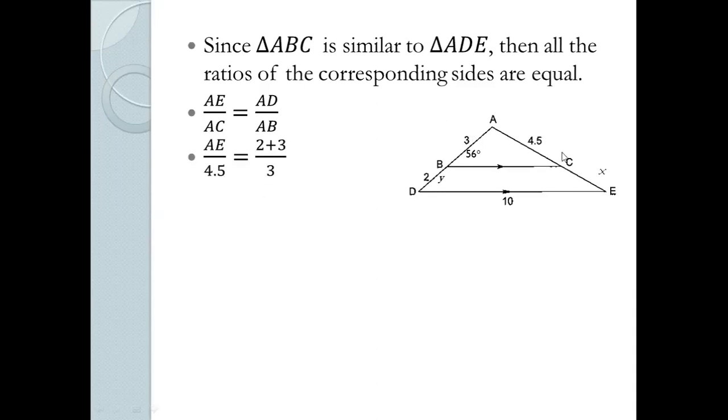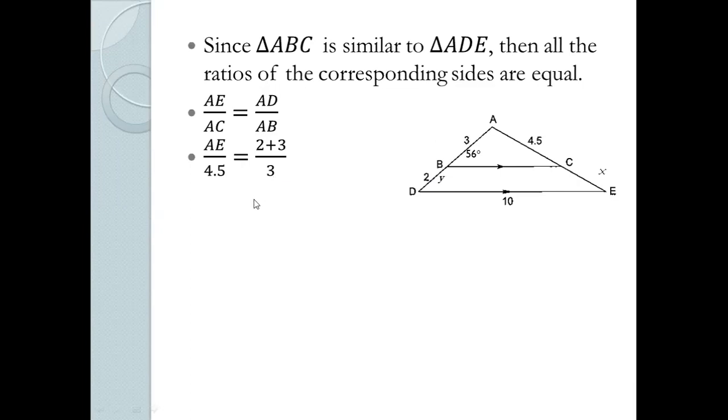AC equals 4.5. AD comprises AB and DB, which equal 3 and 2 respectively. So we have substituted the values over here. AB equals 3. We have substituted all the values and we start solving.